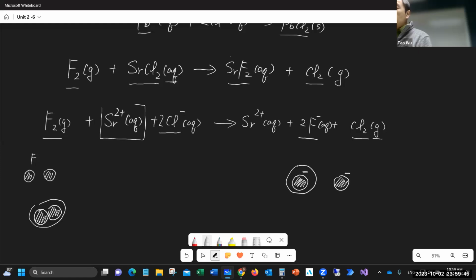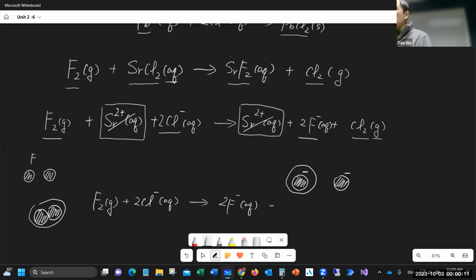The only thing you can cancel is over here, because on the left side is strontium 2+ ion, and on the right side is still strontium 2+ ion. So those 2 can be canceled. So the leftover over here is just 2 fluoride ions plus chlorine gas, forming 2 chloride ions plus fluorine gas.